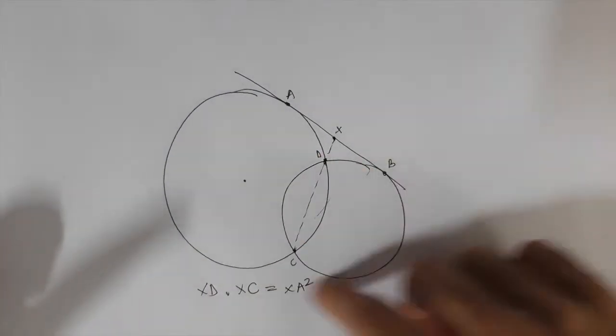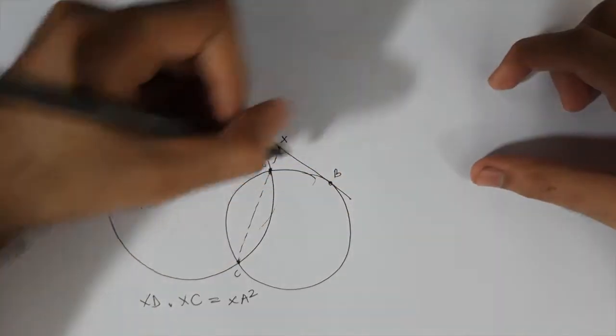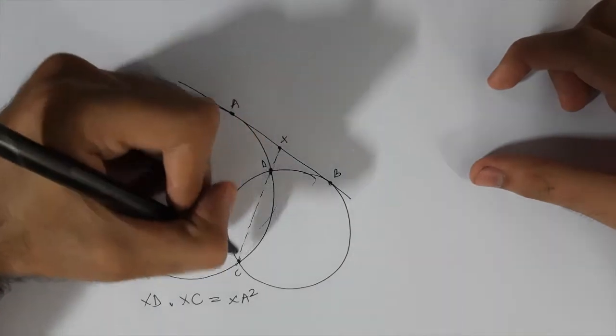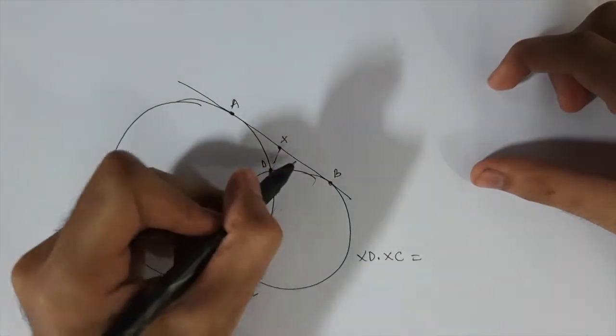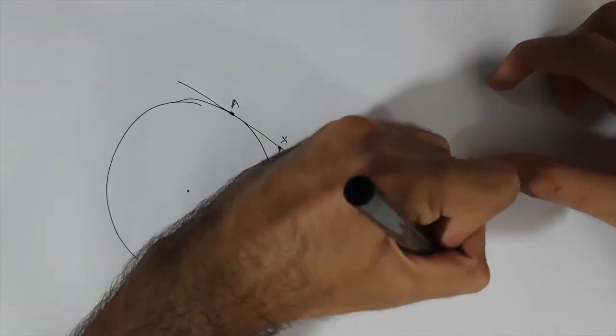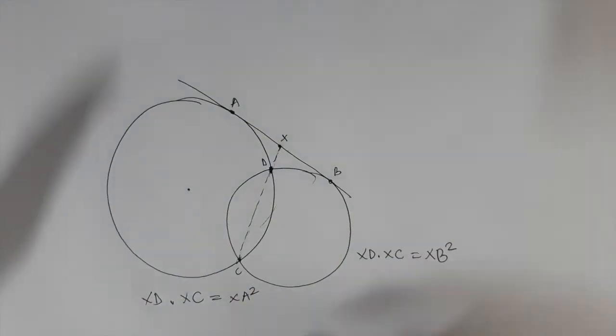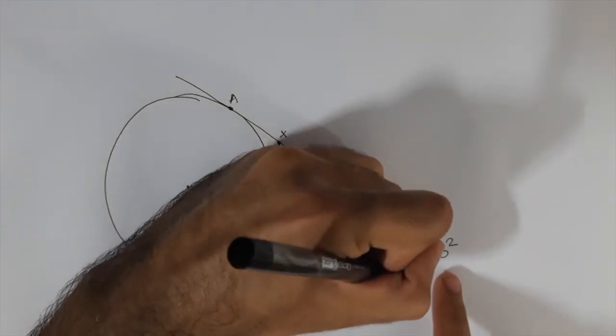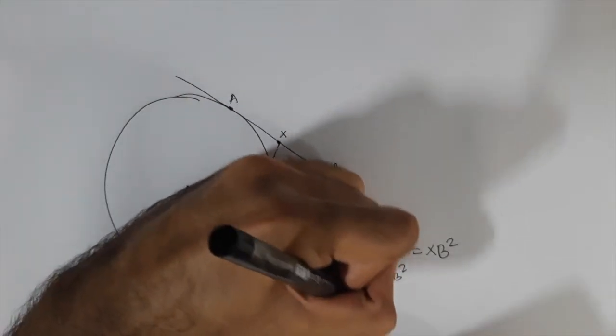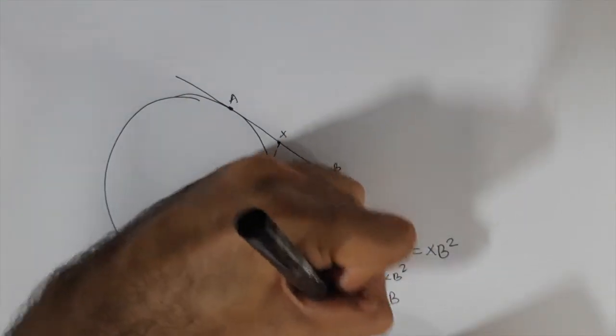If we take the smaller circle, we have X intersecting at D and C, so XD into XC is equal to XB square. So we equate these two and we have XA square equal to XB square, and XA equal to XB.